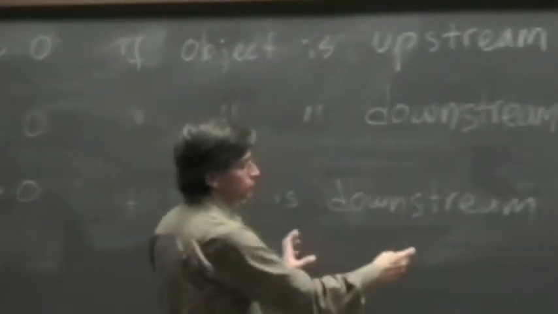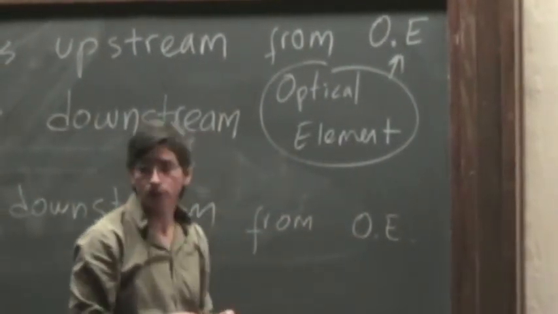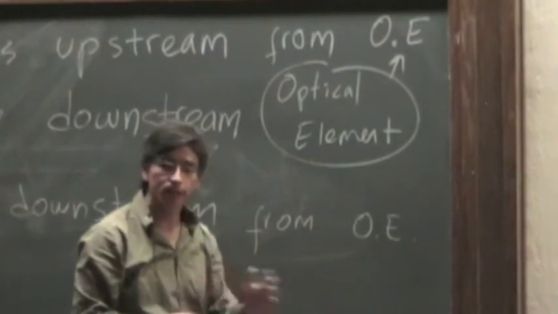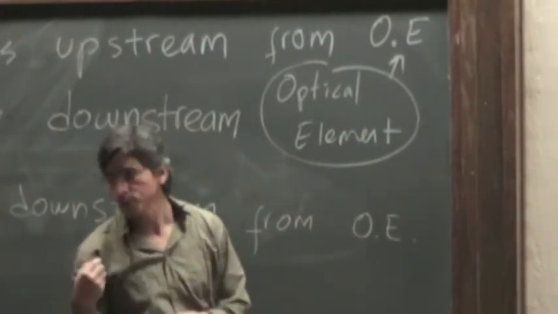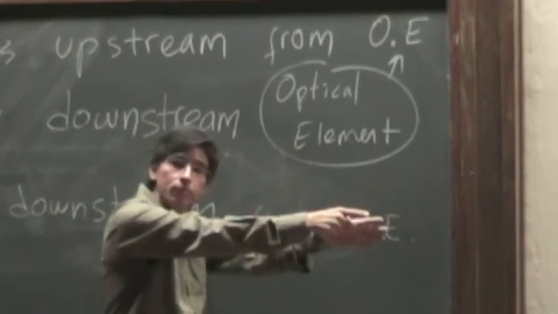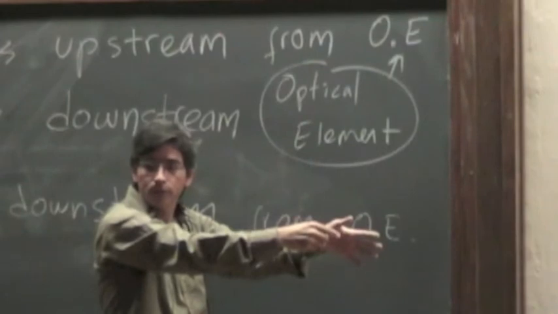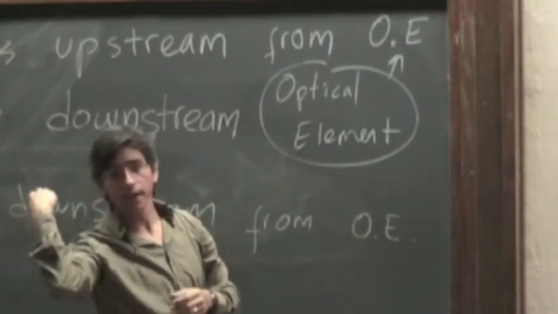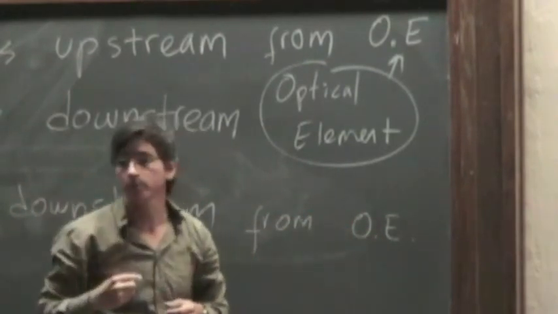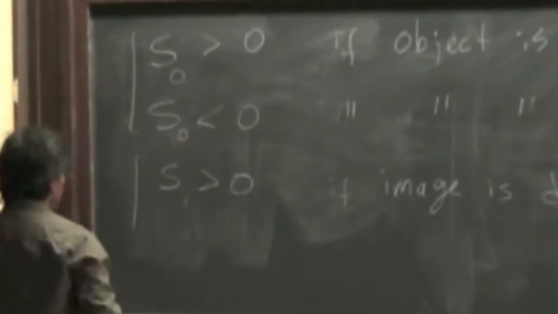The answer is downstream from the lens or the mirror. You have to stand at the lens or mirror location and say, where is my downstream direction? Where is my upstream direction? Do I find the image downstream? Yes, then that distance to the image is positive. Do I find the image in the upstream direction? Then that distance is going to be negative. Okay, we'll do a few examples with that.